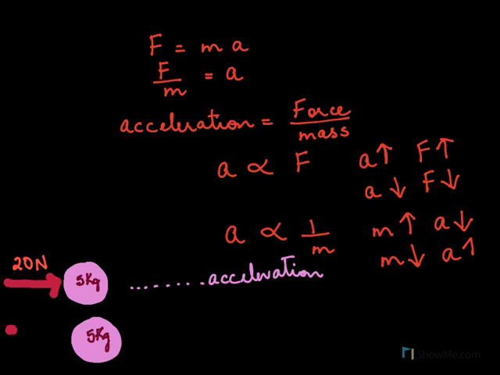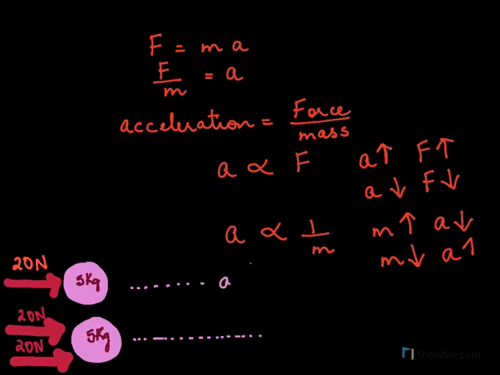However, in the second case, to the same object, I double the force. I apply the double force, meaning I put 20 newtons plus 20 newtons. I increase the force. What do you expect the acceleration to be? Now the object will move much faster with greater acceleration. If A1 is the acceleration in the first case and A2 is the acceleration in the second case, here I will say A2 is greater than A1.